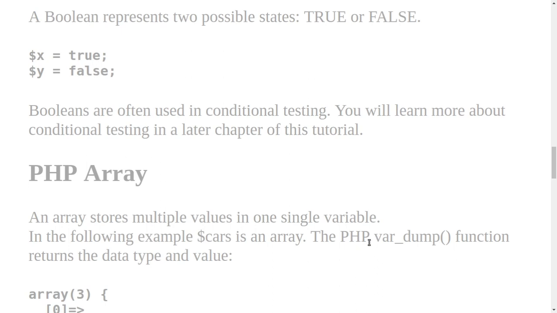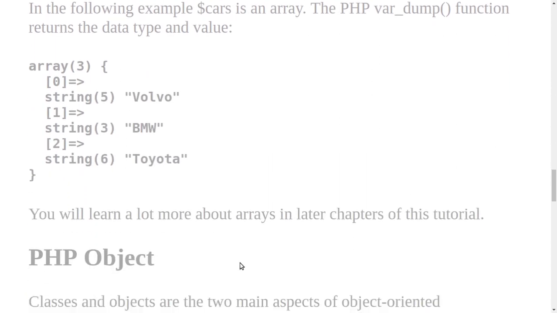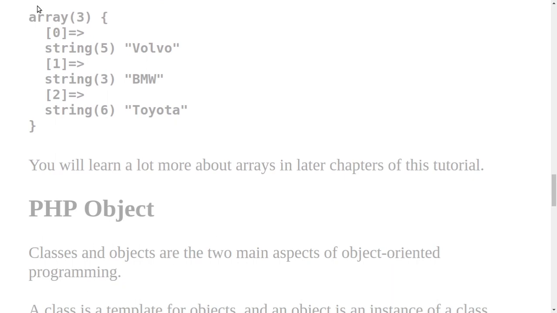The PHP var_dump function returns the data type and value. string 3 BMW, 2 equal to string 6 Toyota.